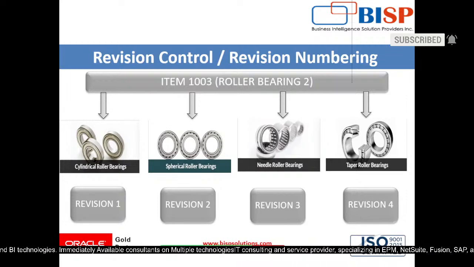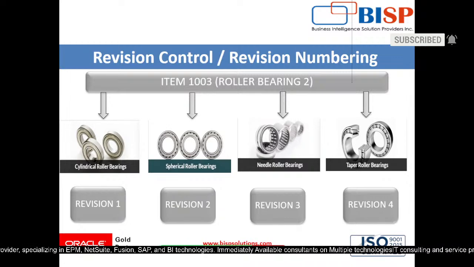Suppose in our application we have the roller bearing. Under roller bearing we can define versions 1, 2, 3 and 4. Version 1 has the cylindrical roller bearing, we have the needle roller bearing and the taper bearing, right? We have different types of versions in a single roller bearing.